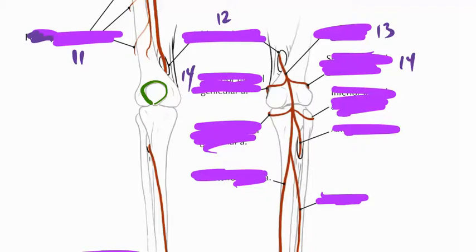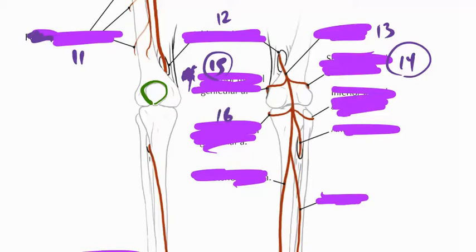Oh yeah, that's medial, right. So this would be wrong. So that's medial. 15 is medial and that one's lateral. So this 14 is the superior lateral genicular artery. 15 is the superior medial genicular artery.